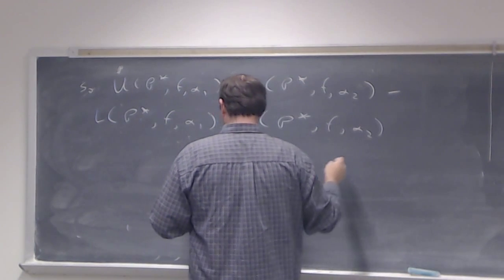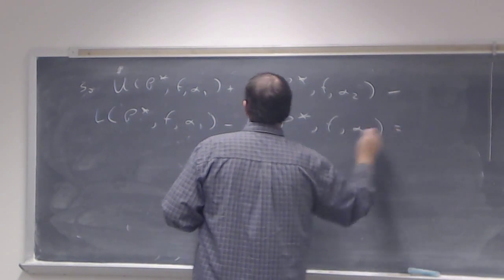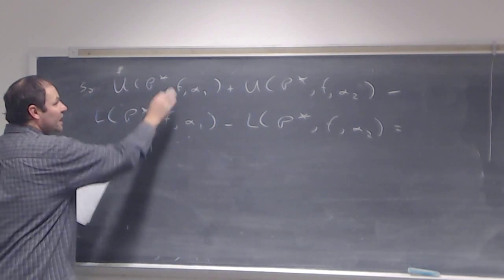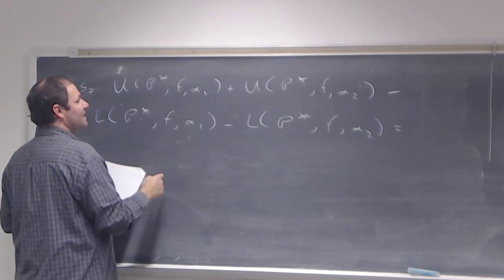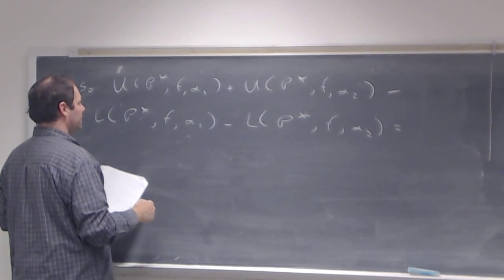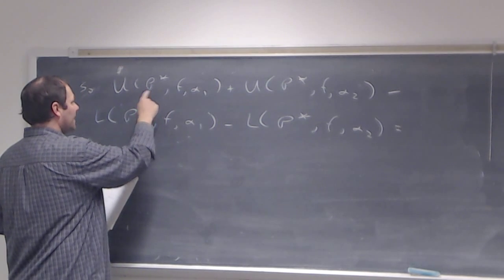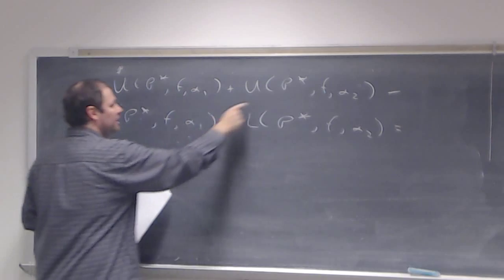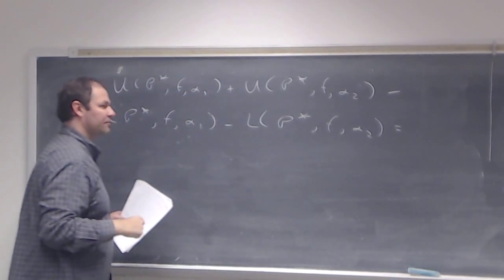That quantity. Now, we know that this is going to be less than epsilon. And the reason is this guy minus this guy is less than epsilon over 2, and this guy minus this guy is less than epsilon over 2.